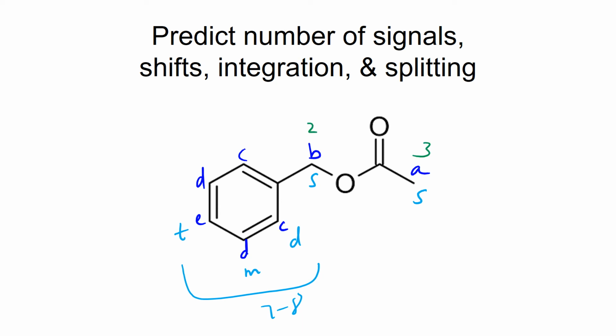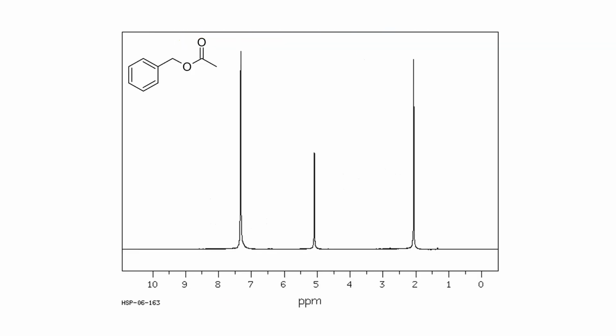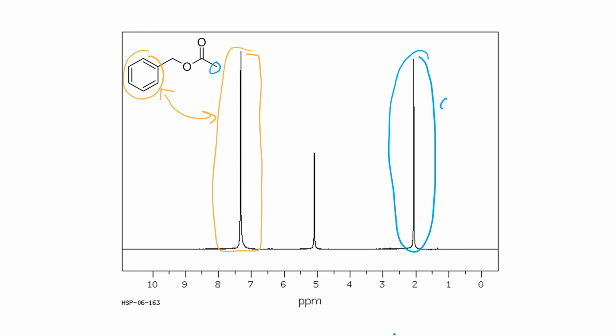We have 3 to 2 here, which tells us which one's A and which one's B. Once again, you see those aromatics piled up on top of each other, so you're not going to be able to say for sure which one is which. If you take a look here, we have a more shielded signal that looks a little taller, and that makes sense that it's a CH3 because it's further away from this oxygen than this one is. That belongs to this set of protons here. So this is the CH2 group that's closer to the oxygen.